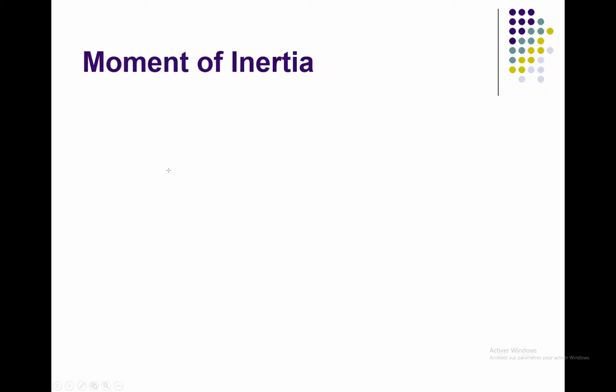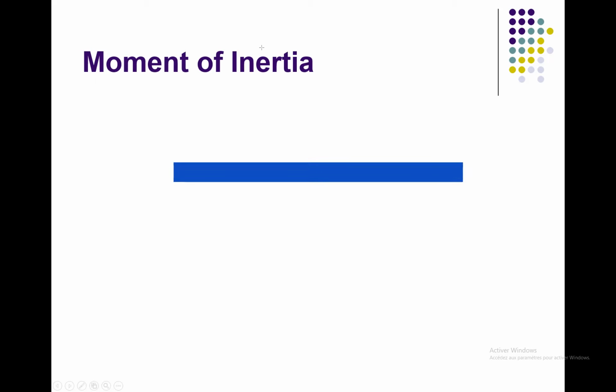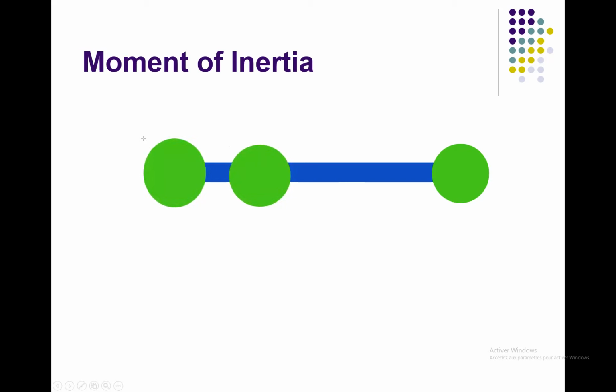Now, I have also one example. For example, if we have this rod and we have many objects on this rod. Let's say we have M1, M2 here, and M3.